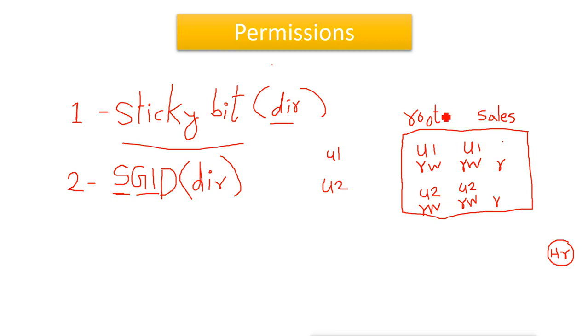For example, this is /test, the test directory, and I want to give this user permission to write any file created in this directory, whether it is created by user 1, user 2, or user 3, no matter who creates the file. I want to give this user write permission on all the files inside this directory. Now how can we do that?